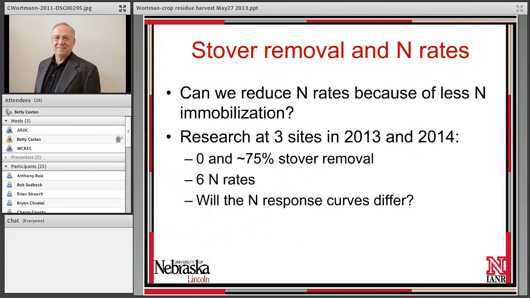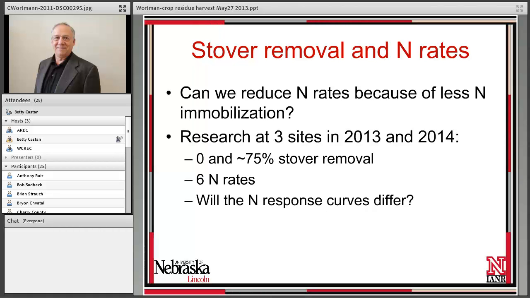One question that we've started to address this year is, can we get by with less nitrogen if we remove stover? If corn after soybean, we say we need less nitrogen than corn after corn. And we say the main reason for this is not because the soybean is giving us nitrogen, it's because the corn stalks are tying up nitrogen. It's causing immobilization.